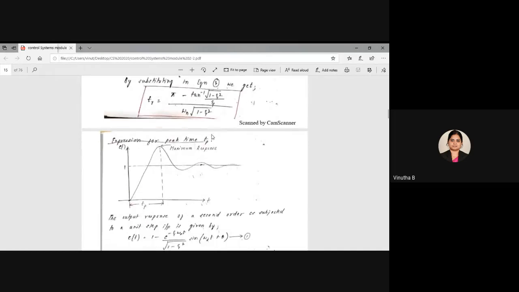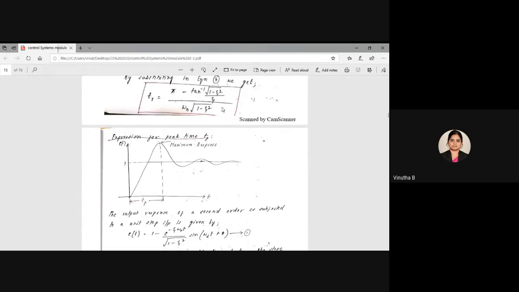So remember, these formulae for all the parameters which I'm going to derive here are very, very important with respect to the GATE exam as well as your main university exam, where you will definitely be asked to derive these parameters. And also these final formulas you have to remember very well. Okay, so that is the expression for the rise time.